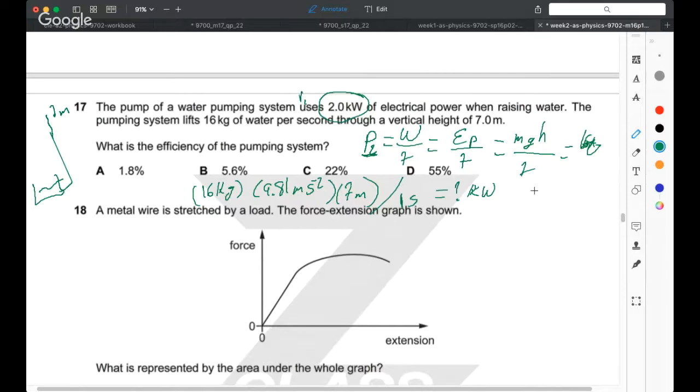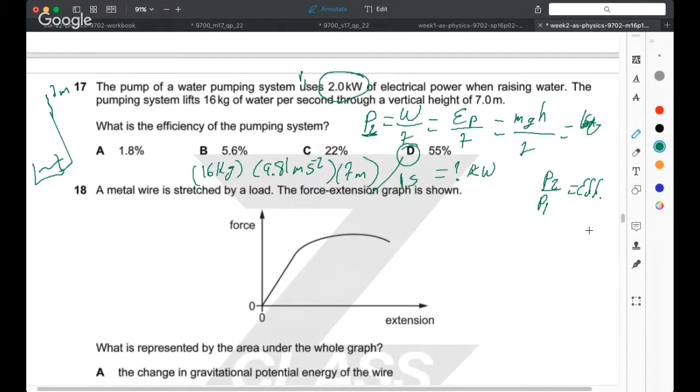All you have to do is divide power 2 over power 1, and that's the efficiency. The efficiency is always lower than 100. And the answer to this one is 55 if you do the calculation. Okay.